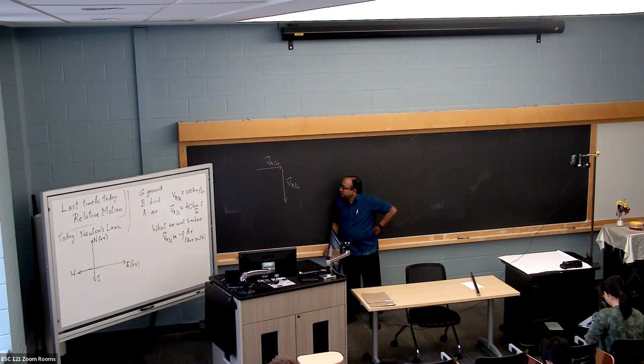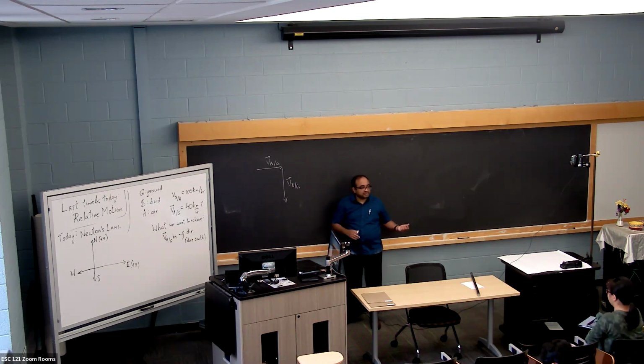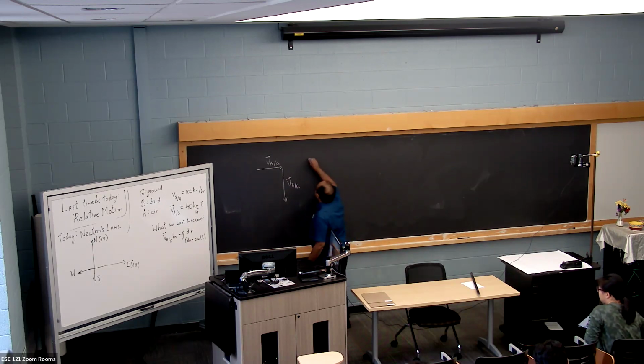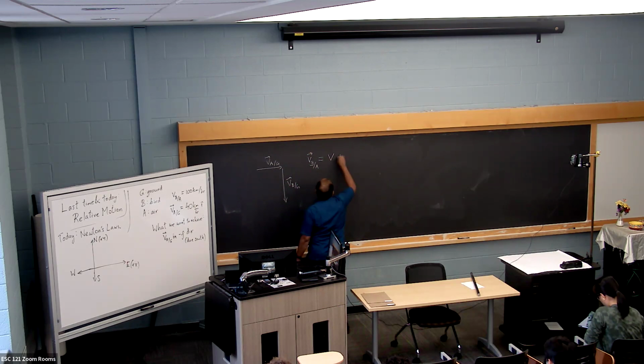Okay, so we know that if we have two relative velocities, we could probably figure out a third one. Third combo would be bird with respect to the air. All right, what would that be? Call it out. B, G, A. All right.